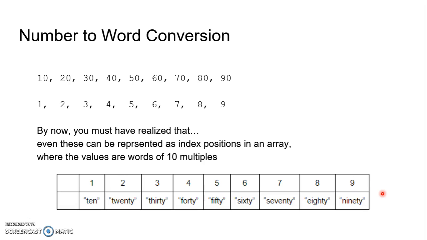This is how the array might look. I'm leaving the 0th index position empty for now. And 1 contains 10, 2 contains 20, 3 contains 30, 4 contains 40, and so on.